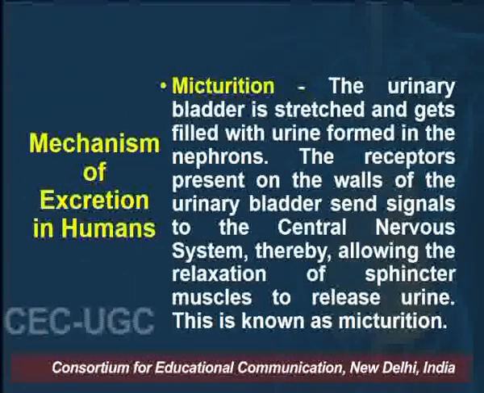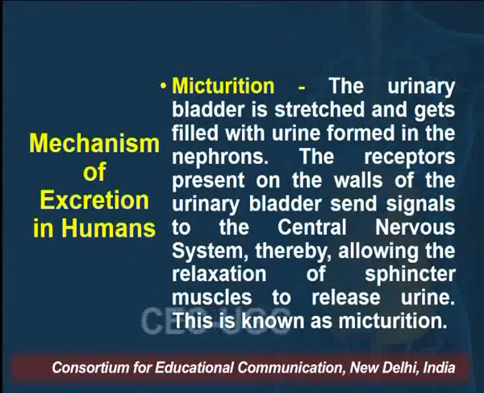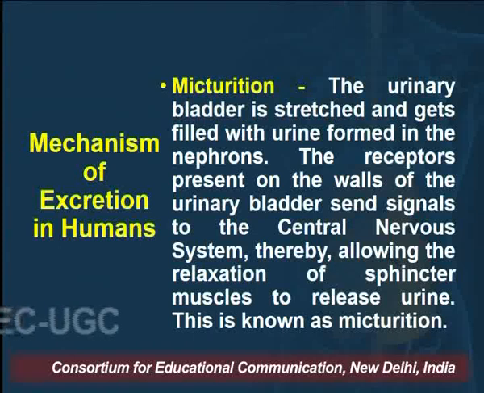The urinary bladder is stretched and gets filled with urine formed in the nephrons. The receptors present in the walls of the urinary bladder send signals to the central nervous system, thereby allowing the relaxation of sphincter muscles to release the urine, and this is called micturition.